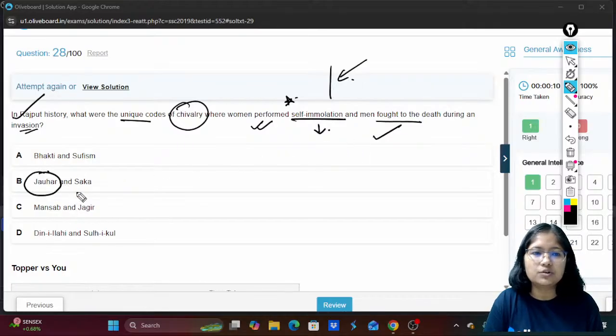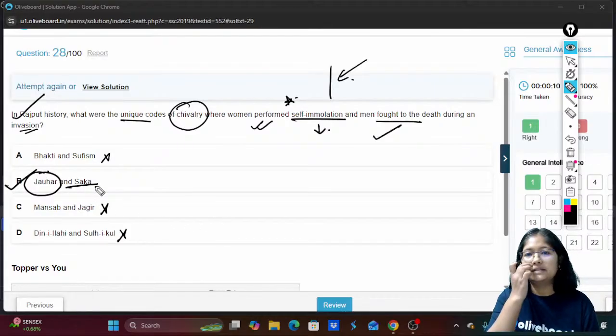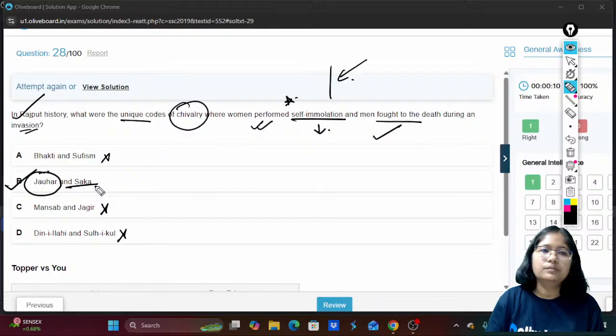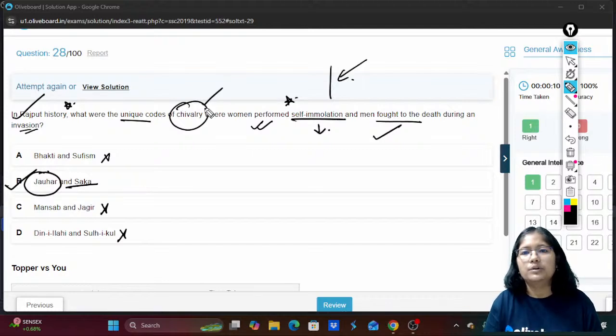If you know that this is Johar, this is not the Bhakti and Sufi movements. This is not the Mansabdari and Jagirdari system. This is not Din-i-Ilahi and Sulh-i-Kul. So the answer here is Johar. By that you can answer that Johar and Saka are related to Rajput history, where the unique code is that the woman will perform the self-immolation if something goes wrong, and the men are going to fight till death.